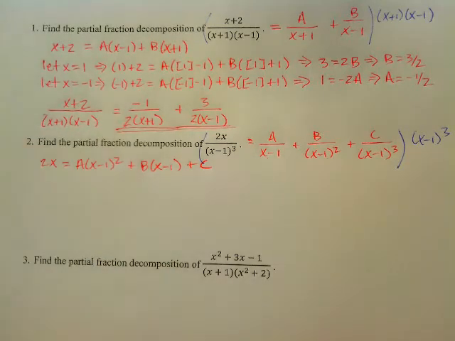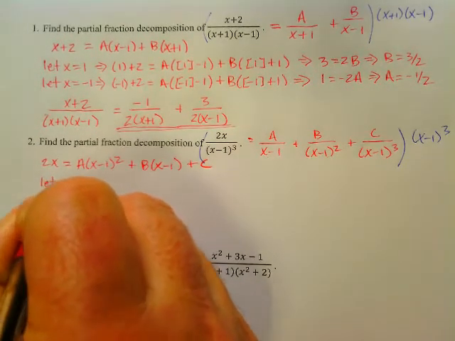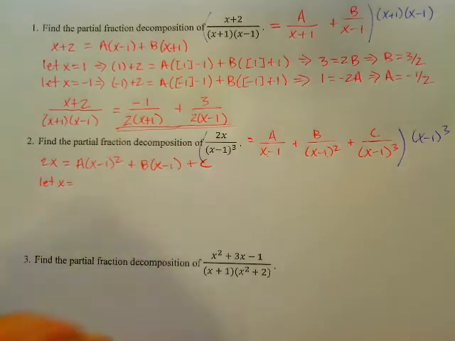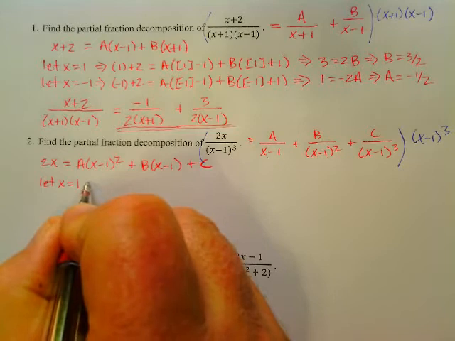So, similar to what we did in problem 1, we can start off with let x equal 1, and so put in 1 everywhere for x.